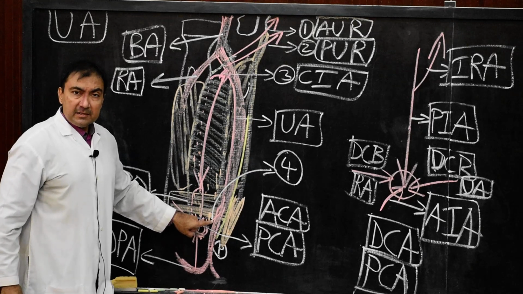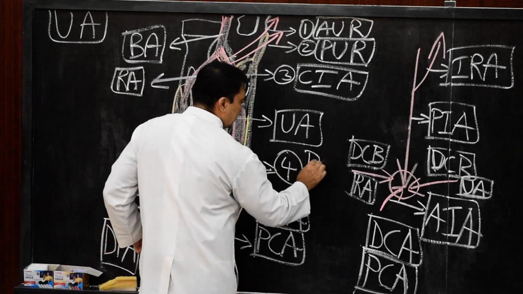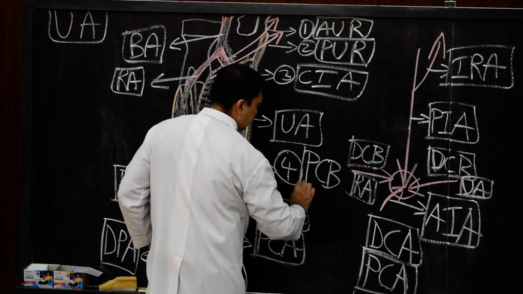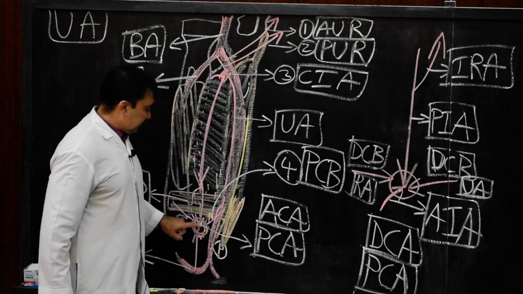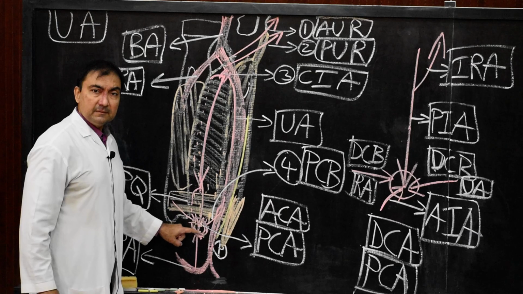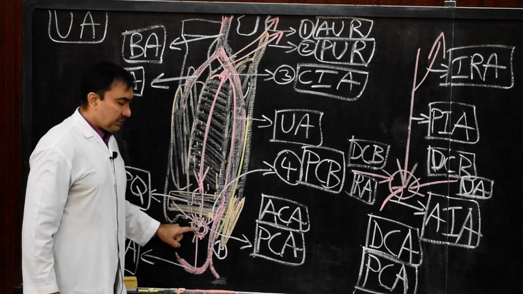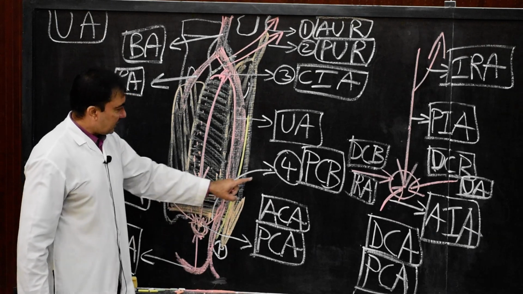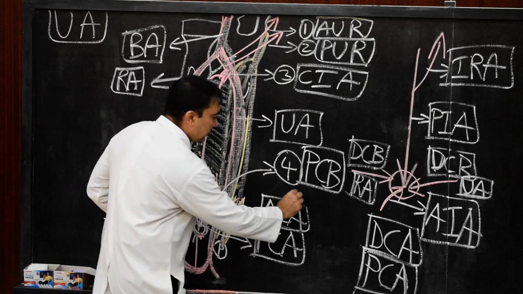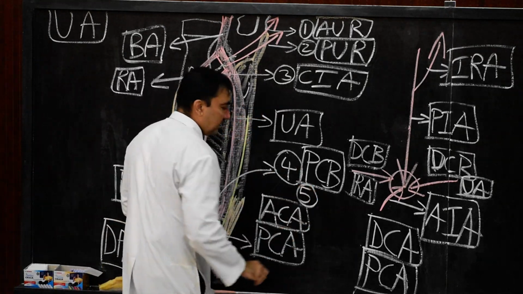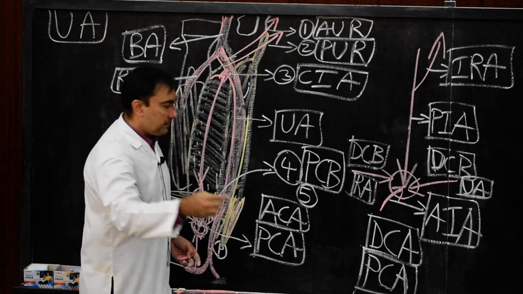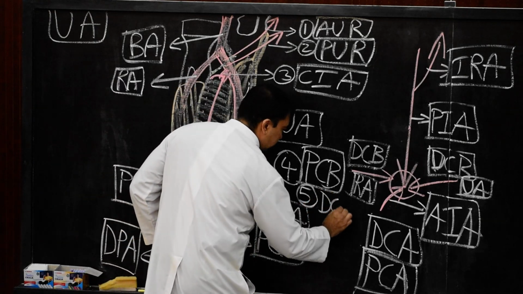palmar carpal branch of the ulnar artery, palmar carpal branch number 4. It will participate in the anterior carpal arch or the palmar carpal arch. And branch number 5 will be the dorsal carpal branch.